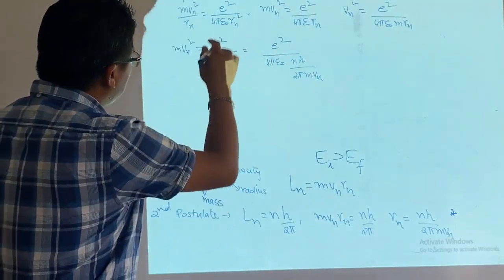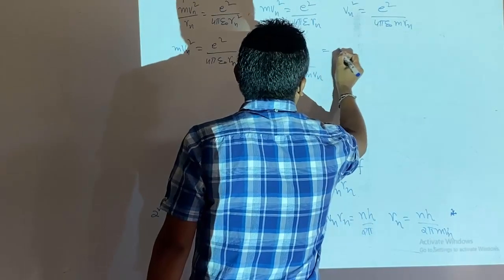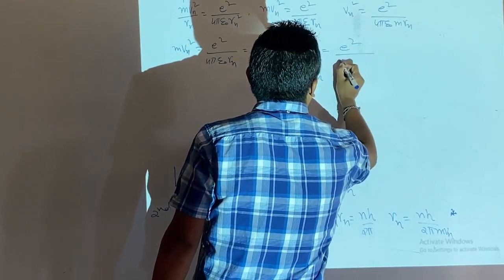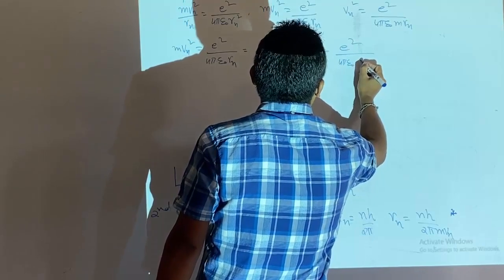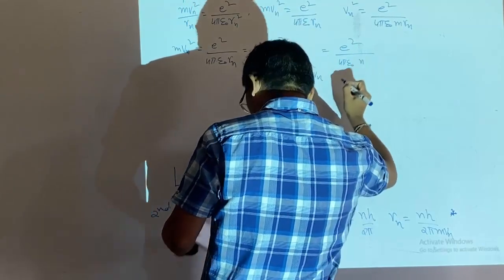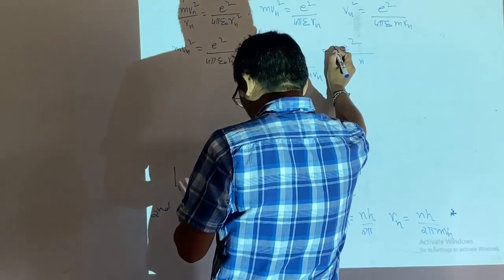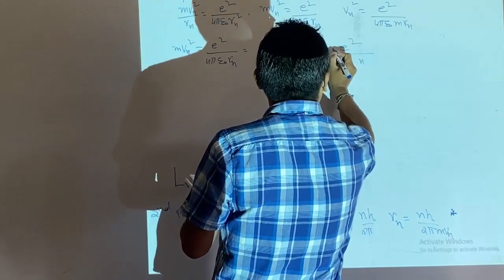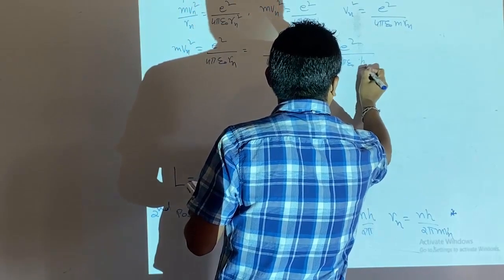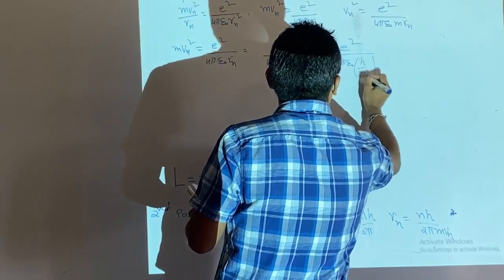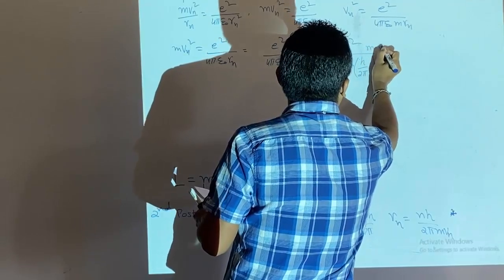So this goes up and this goes up, 4 pi epsilon naught, then 1 by n, h by 2 pi m dot Vn.